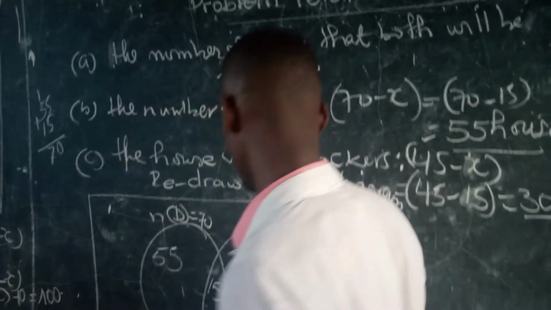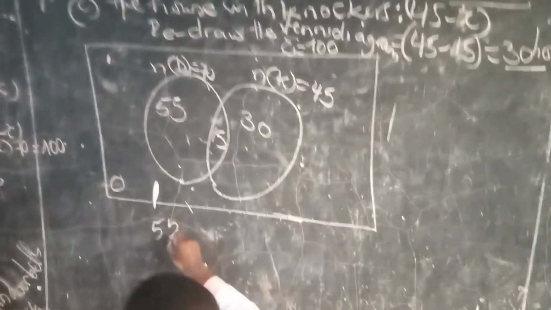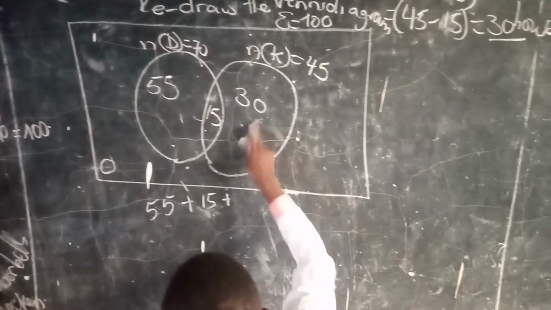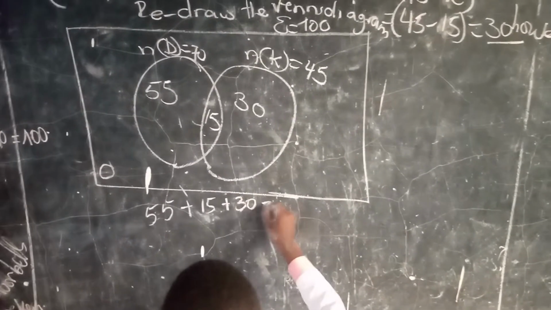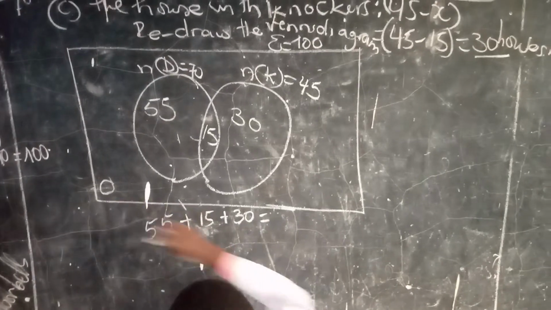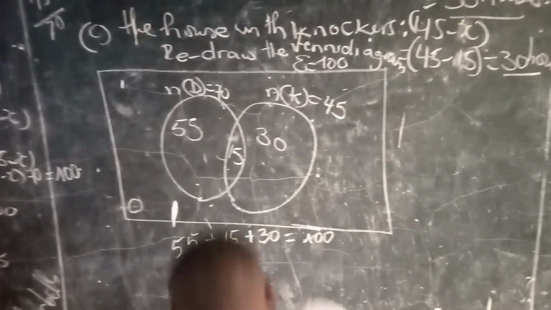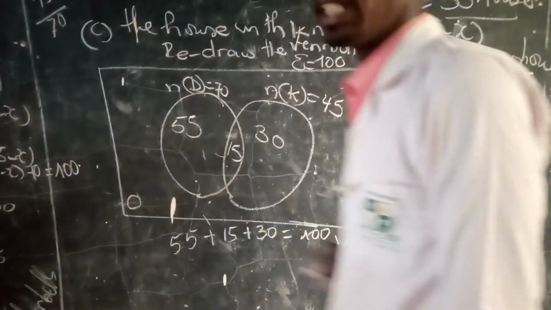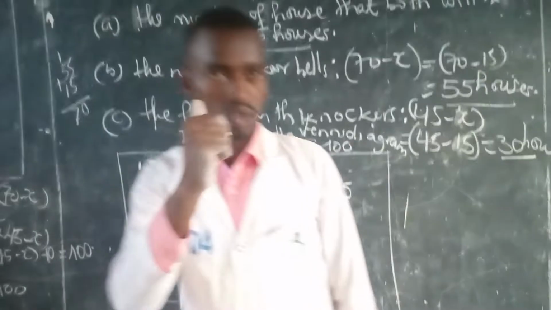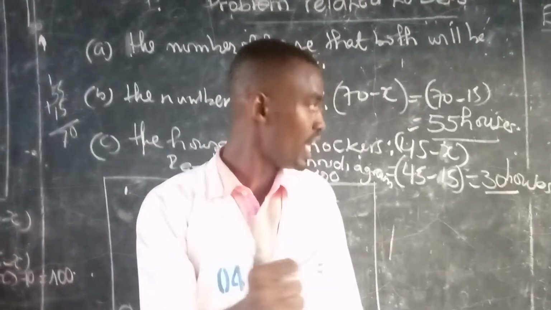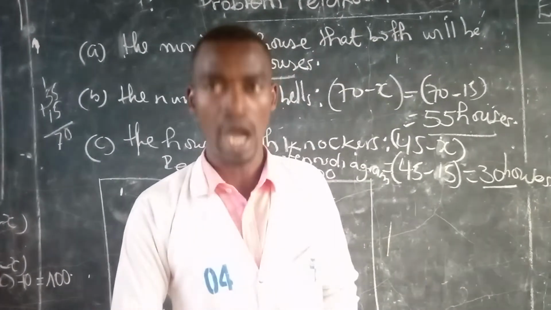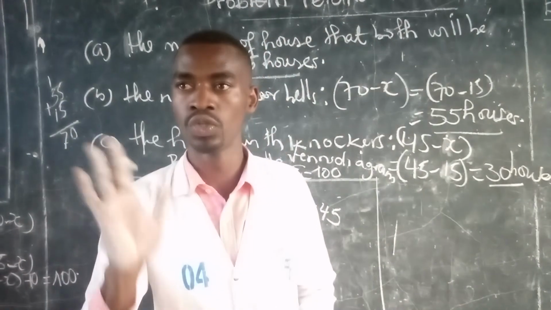So we have 55 plus this 15 plus also this 30 plus 0 should be equal to 100. This is now verified. So our solution is clear and well done. So thank you very much. Let us give you homework. Thank you. See you tomorrow.